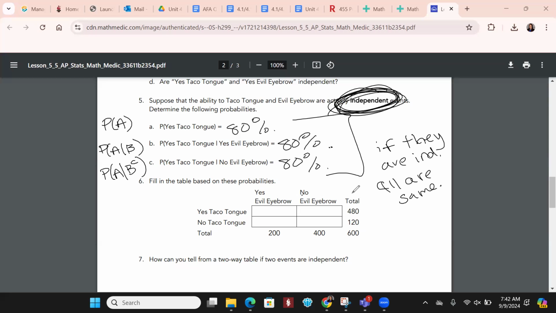We're going to have an example of that in a second. Okay. Really quick. So these are my three. That means that if I have probability of A, it should equal probability of A given B, which should also equal the probability of A given B not. All three of those have to equal.